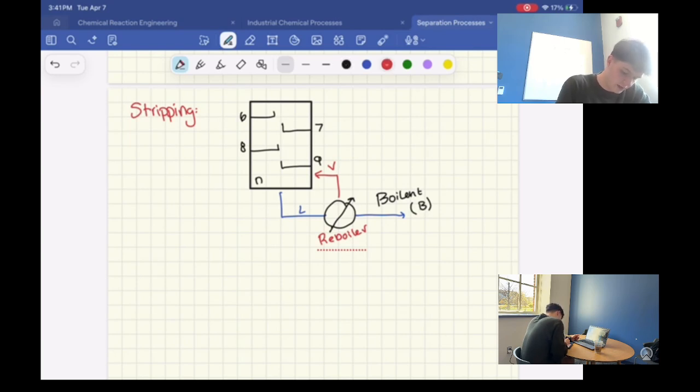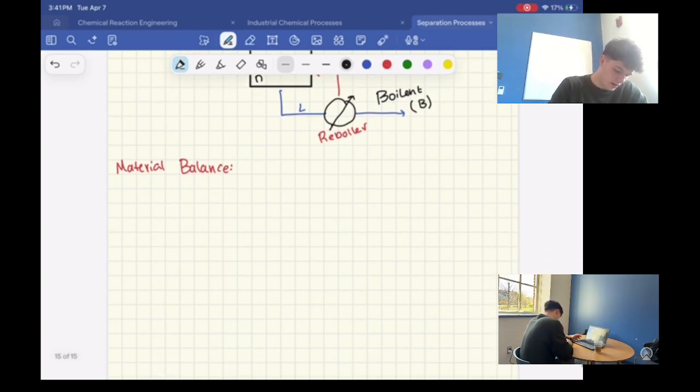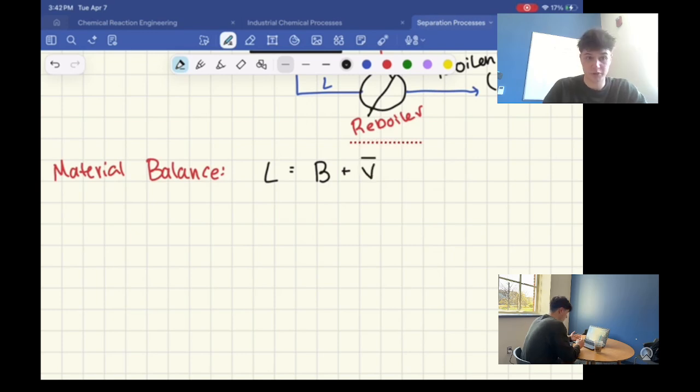And so now we are able to actually do our material balance, which I will write. Liquid equals our bottoms plus our vapor, or in this case it is V bar. So let's begin writing that equation. We start with our liquid, and that is going to be equal to our bottoms plus our V bar, which is associated with our vapor.